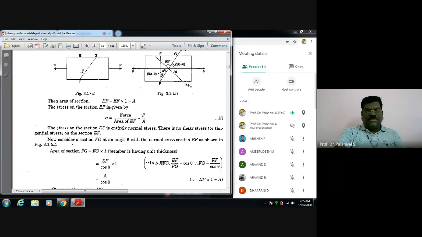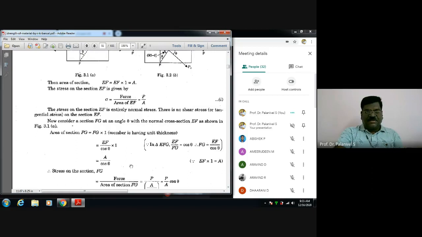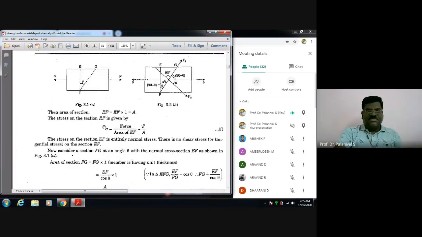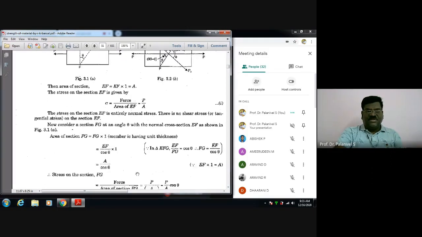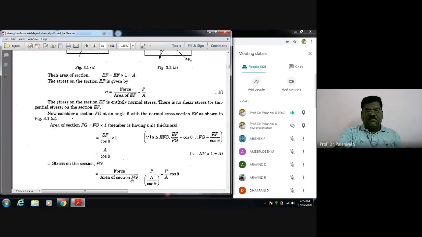We have got it by assuming unity thickness perpendicular to the monitor, taking this length and writing the relation from the right angle triangle. Now, stress on the section FG: force divided by area of FG, P by A by cos theta. So the stress is P cos theta by A.